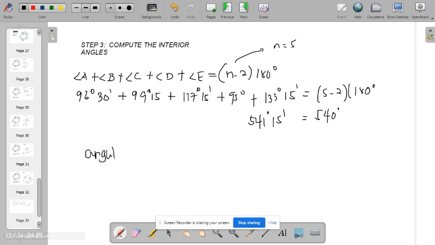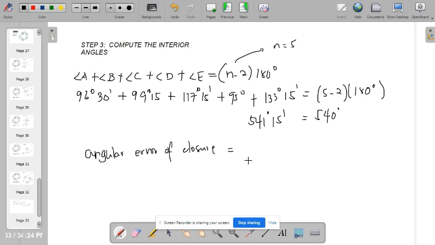So this angular error of closure exists if your angle is not equal to n minus 2 times 180 degrees, or the number of interior angles for that specific polygon.